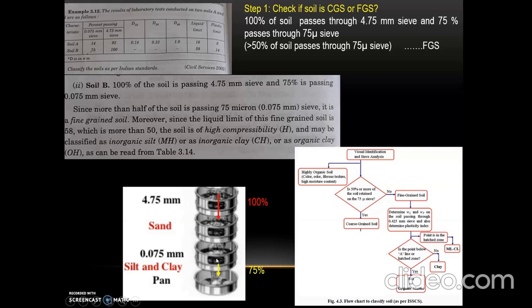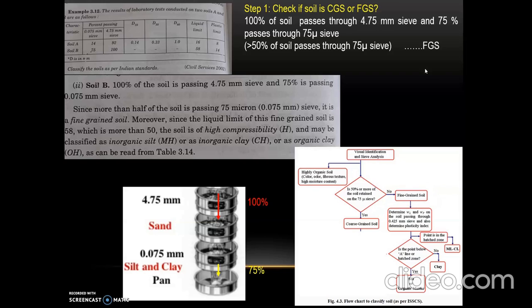That means more than 50% of the soil passed through 0.075 mm sieve. So from this condition we can see that more than 50% is not retained on 75 micron sieve but passed through it. Hence we say that the soil is fine grained soil.